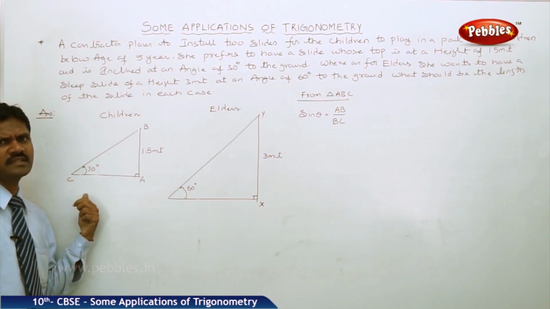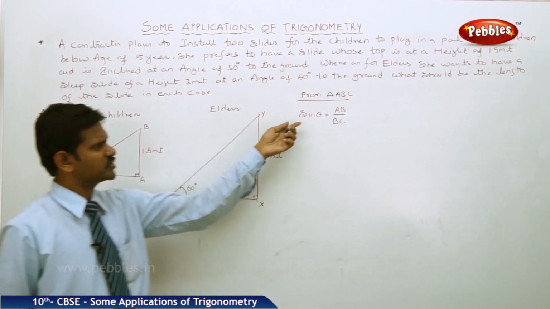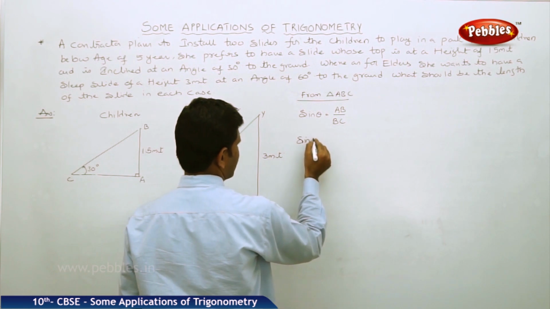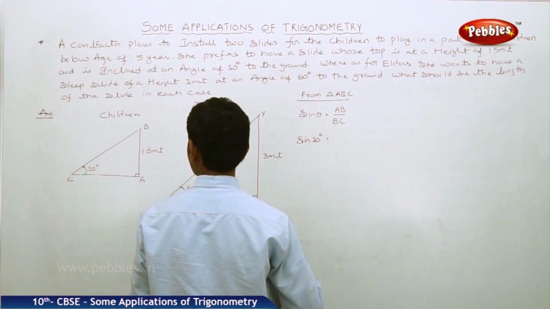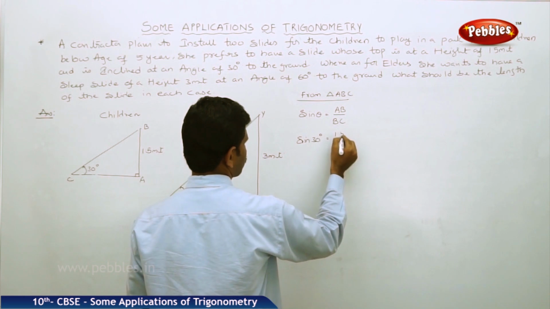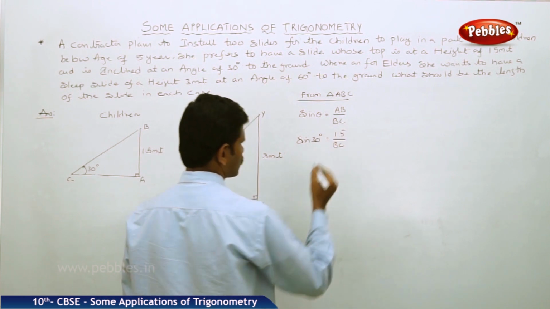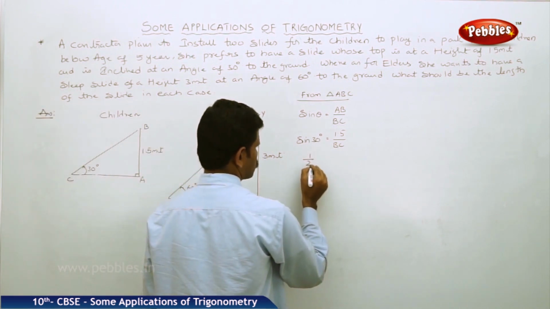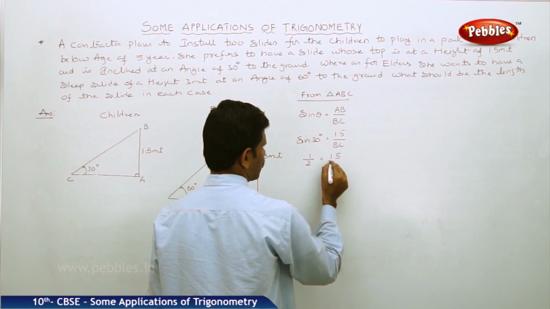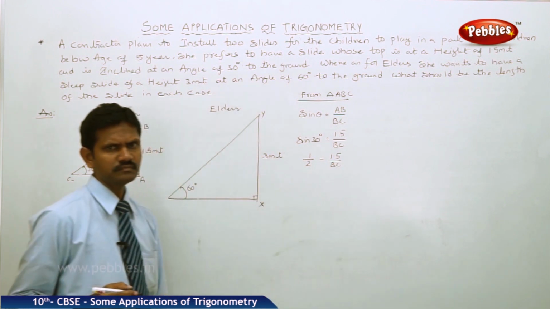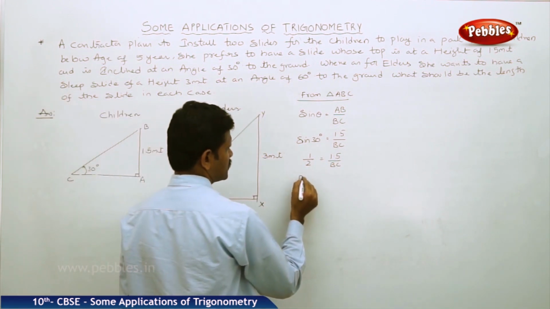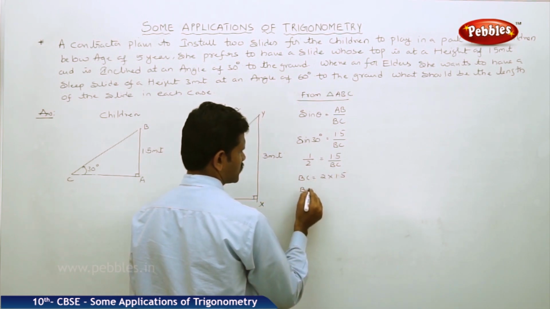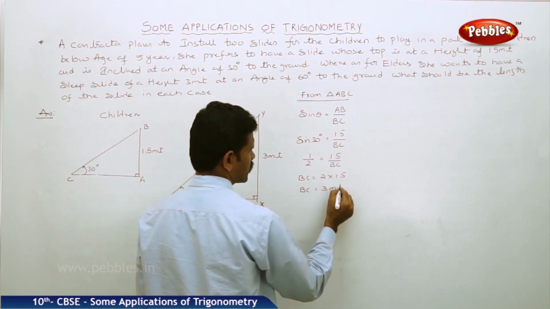Here no use with the AC. That is why we change the function tan to sine. Now, sin 30 degrees is equal to AB 1.5 by BC, which I have to find. Sin 30 is 1 by 2 is equal to 1.5 by BC. That is, BC is equal to 2 into 1.5. That is, BC is equal to 3 meters.